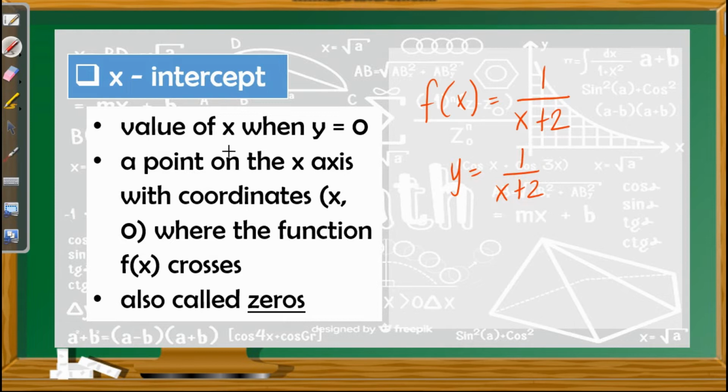Then, let y be 0. We are now solving for x, so to remove the denominator, we multiply it to both sides. So we have x plus 2 times 0, which is 0, equals 1. Since 0 is not equal to 1, the x-intercept of this function is none. And it was very obvious in our graph in the previous slide.